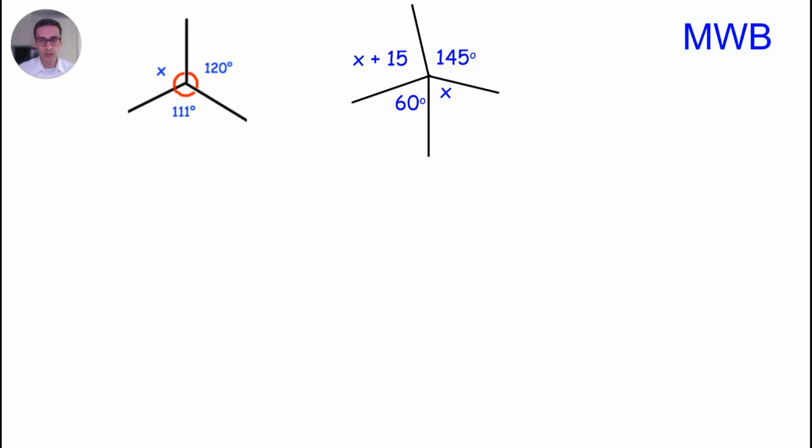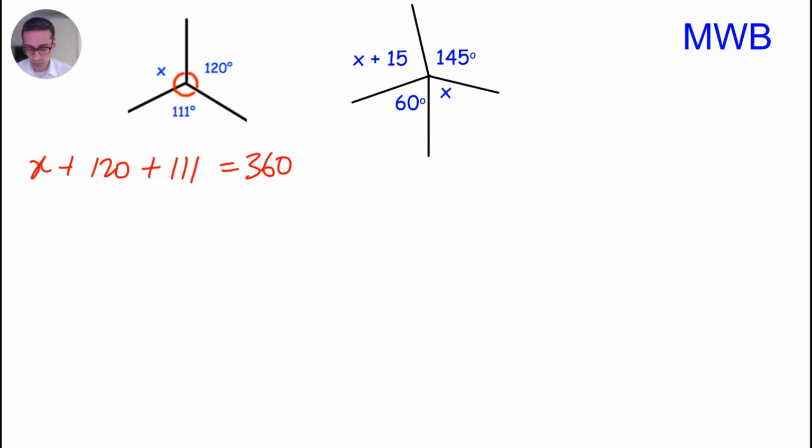Here are 2 more questions for you to pause the video and try. And then we're going to look at some slightly harder questions. Okay, so hopefully you've had a go with these. I'm now going to show you the working out for both of these questions. So we can see that in question 1, to work out x, we're going to have x plus 120 plus 111 is equal to 360.